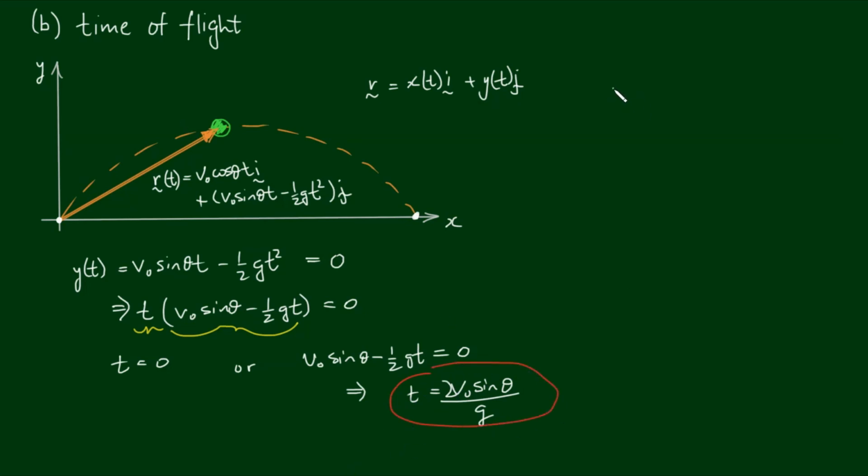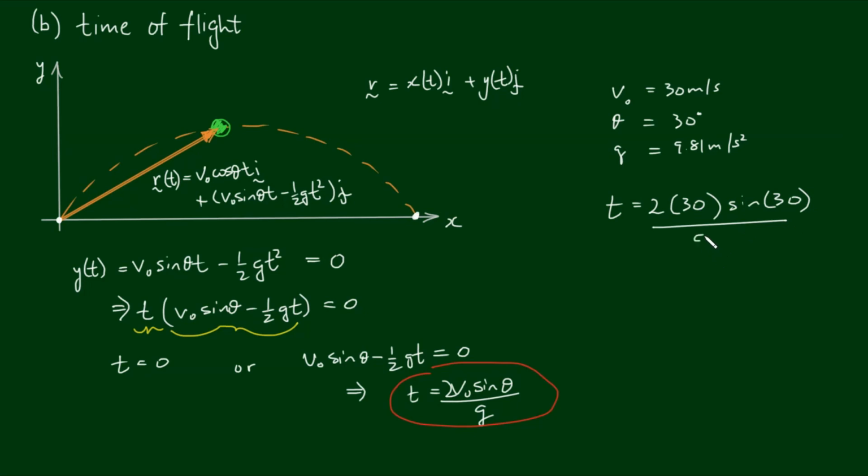And for our question, again with v0 equals 30 meters per second, theta being 30 degrees, gravity g being 9.81 meters per second squared, we have time equals 2 times 30 times sine theta divided by 9.81, and that simplifies to 2 by 30.